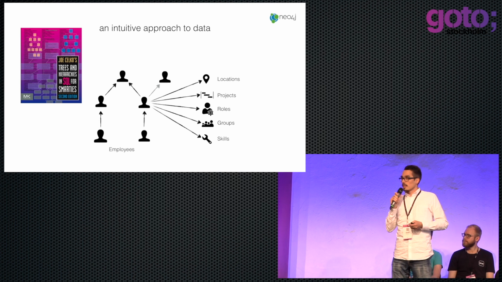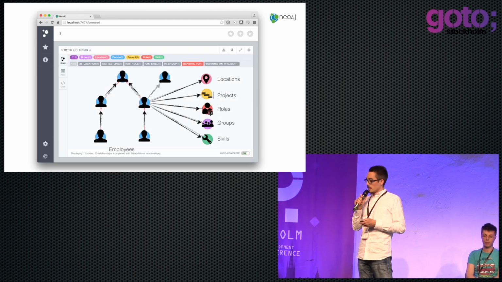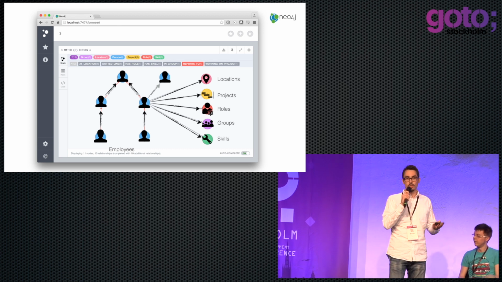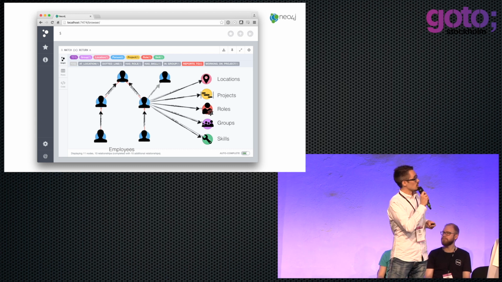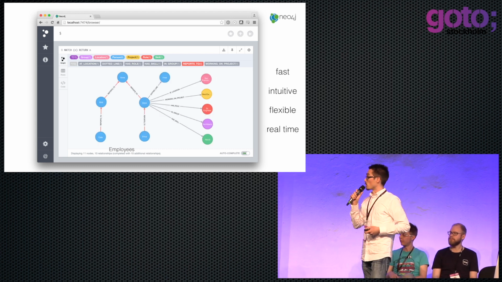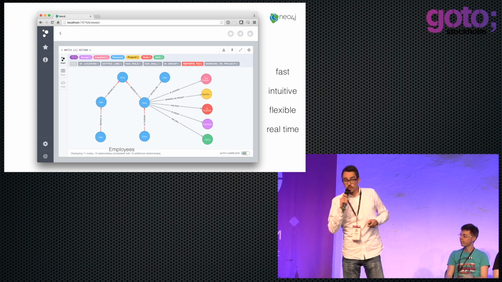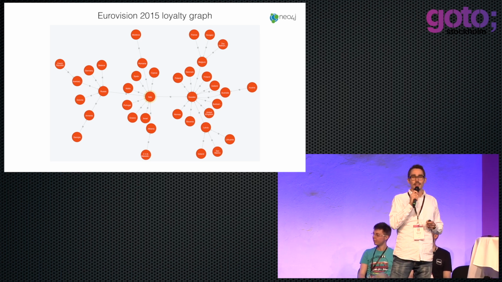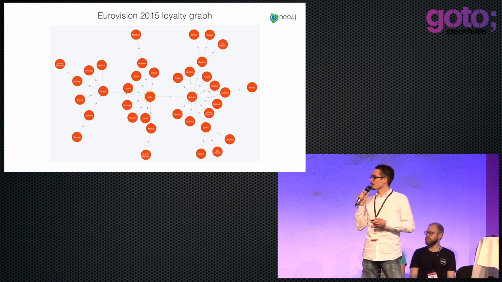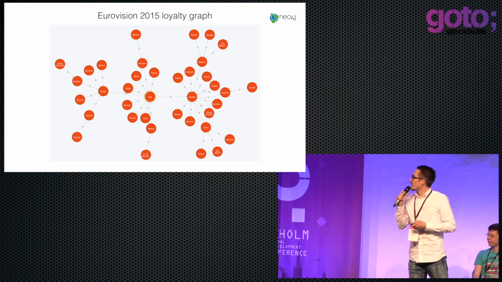Neo is a graph database, so it's a database just like MySQL or whatever, but we don't have any tables underneath. It's all nodes that are connected by relationships like this. So this is our developer interface. Super cool product. Let me show you some visualizations. This is the Eurovision 12 votes from last year. You can see the different loyalties here with the different countries.